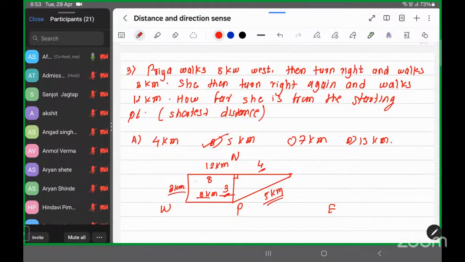This is 8, so this distance is also 8. So the answer is option B, not 4 kilometer. It's 5. Understood? Yes, sir.